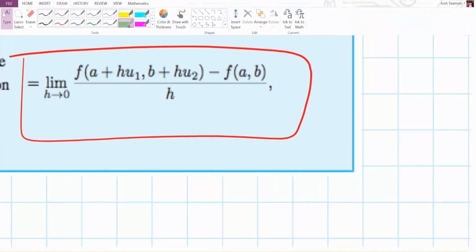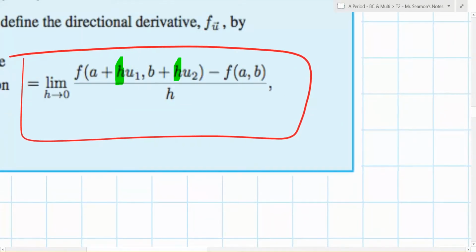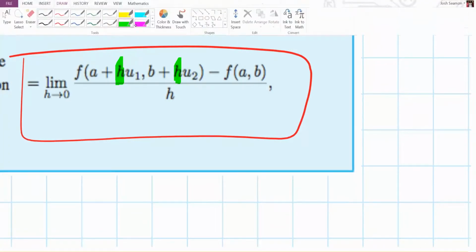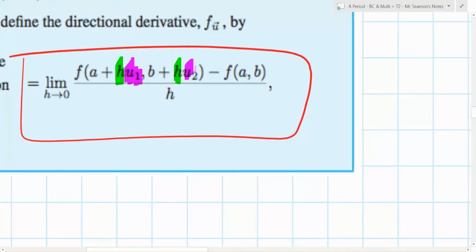You've got these h terms, and I haven't told you what they are yet, and these u terms right here. But the idea is the x value is changing right here, and the y value is changing. Both the x and y values are changing. That's going to happen if we go in a direction other than the partial with respect to x or the partial with respect to y.